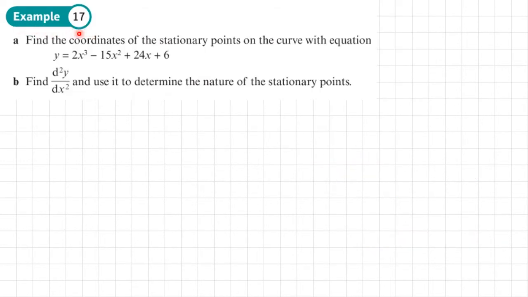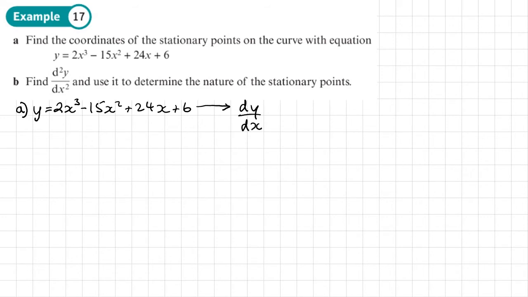Example 17. Find the coordinates of the stationary points on the curve with this equation. Okay, so part A, we have y equals 2x cubed minus 15x squared plus 24x plus 6. So if we're going to be identifying stationary points, we need to differentiate.